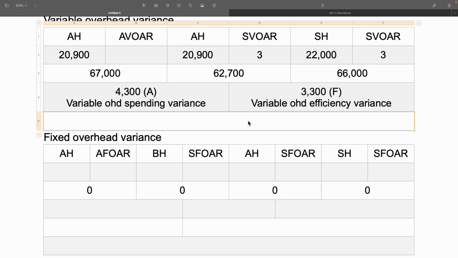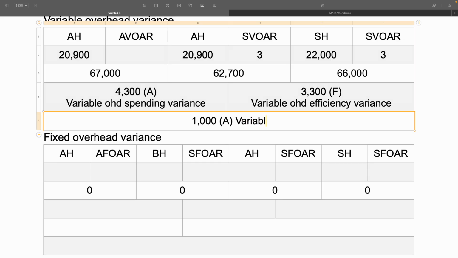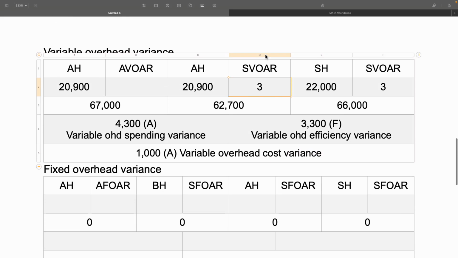Total coming down should be right. That's how you would calculate that setup.